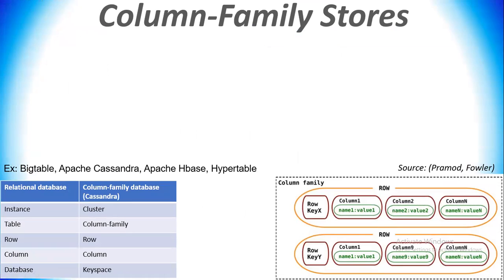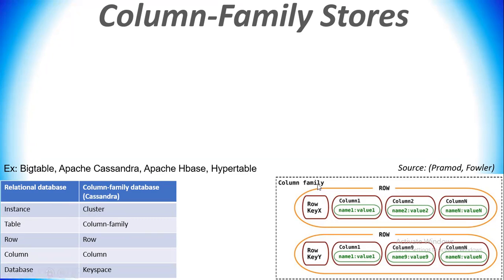So this is the same category, the aggregation data model, but the difference is you have columns. Let us first look at the analogy between relational databases and this one. An instance is known as a cluster in column family stores.